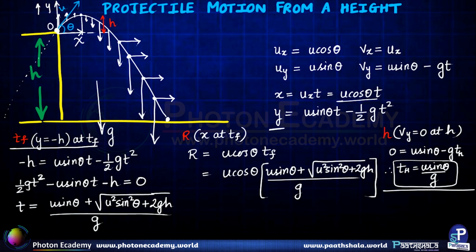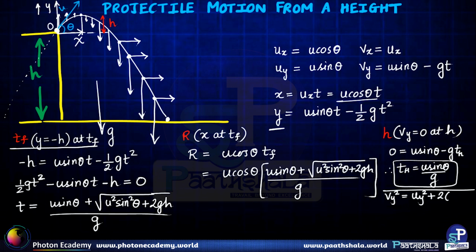The shorter method is generally more convenient and easier to follow. We can directly use the equation Vy square is equal to uy square plus 2 into minus g into height.